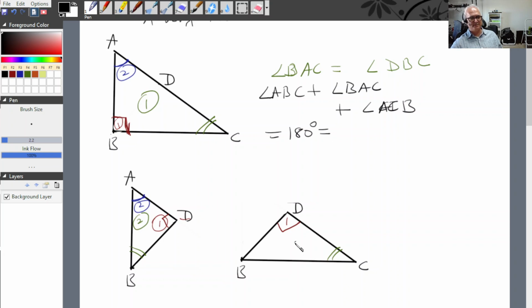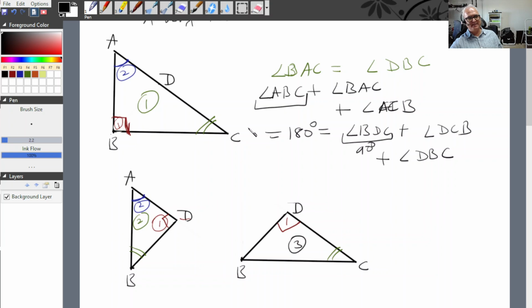From the third triangle, angle BDC plus angle DCB plus angle DBC. Okay. So this is 90 degrees. So is this 90 degrees? Now ACB and DCB are same.